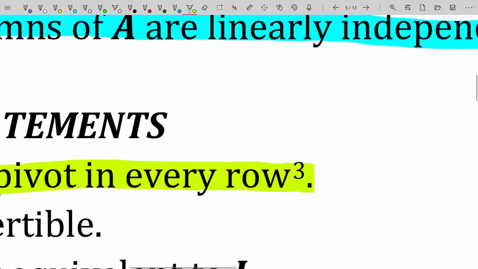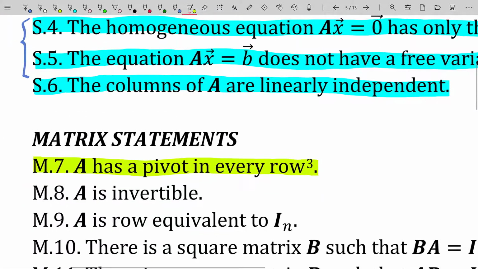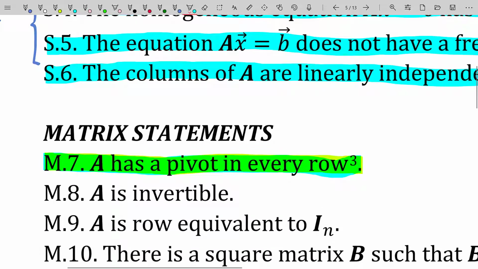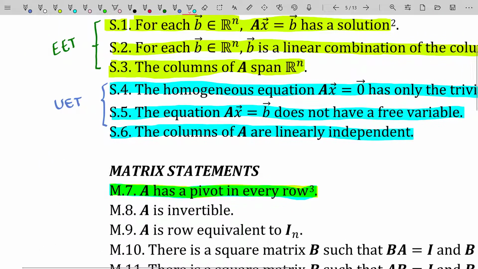Since it's a square matrix, not only will it have a pivot in every row, but it'll have a pivot in every column, which makes it kind of an interesting condition. If you highlight that in blue as well, as the old commercial says, yellow and blue make green, having a pivot in every column is part of the uniqueness equivalence theorem. So that single statement is bled in from both of those two theorems from the past.